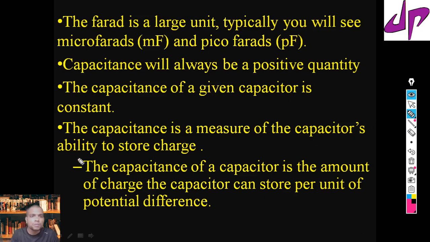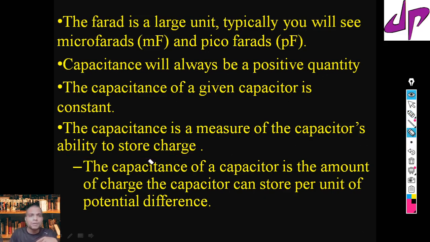So this is the key statement I chose. Capacitors store charge, and if you want to store more charge, obviously you need to increase the capacitance of the capacitor.